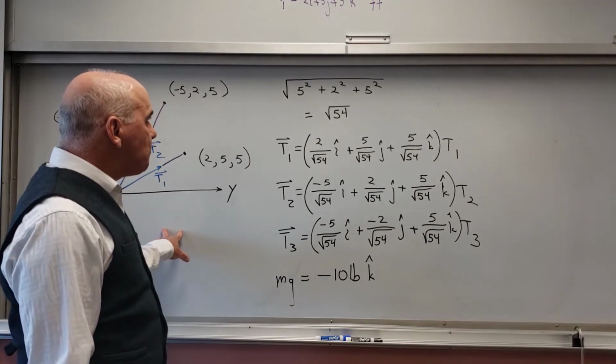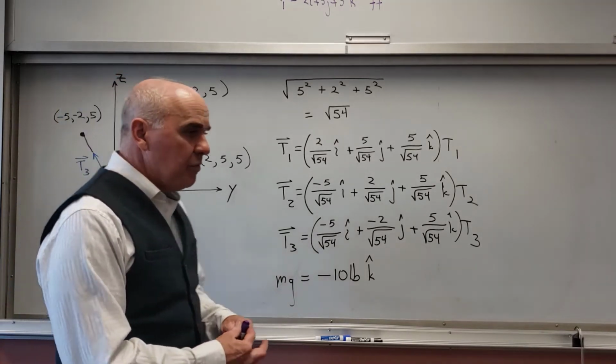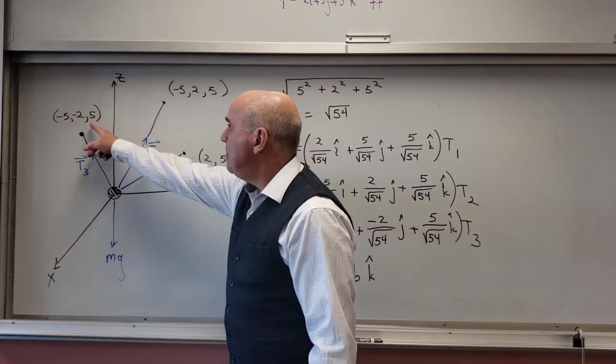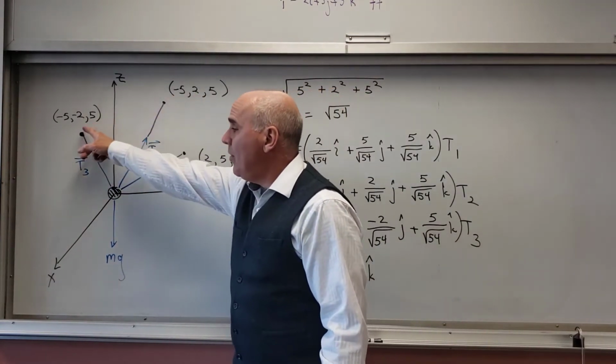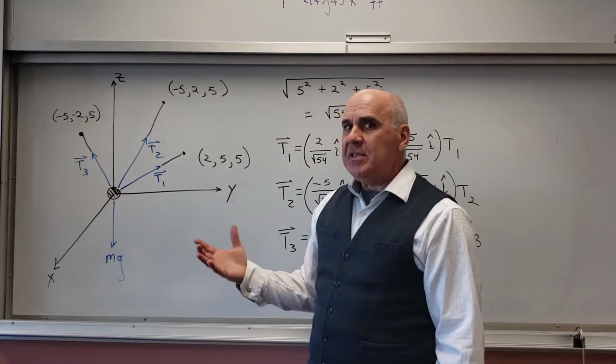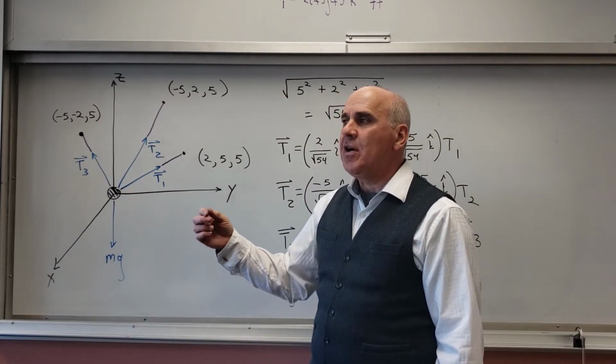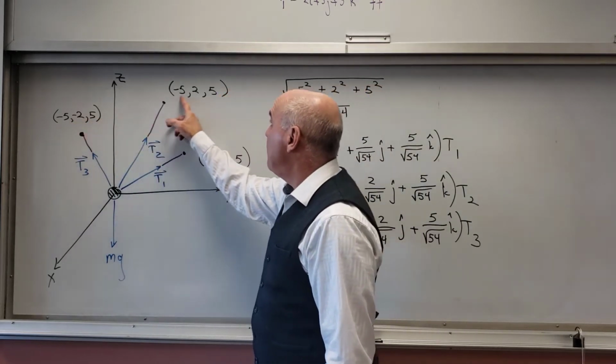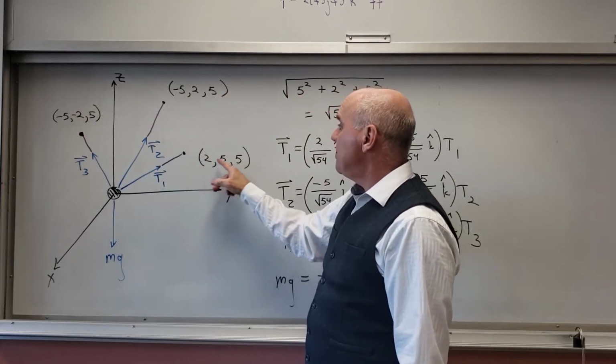Okay, I noticed that when I look at the distance from the ball to any of these 3 points, they're all going to have the exact same hypotenuse as far as length goes. So you've got a 5, a 2, and a 5 for each.